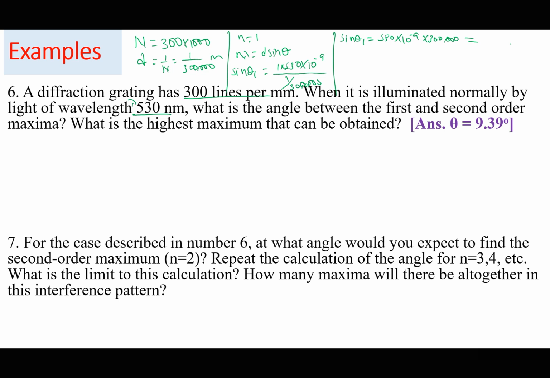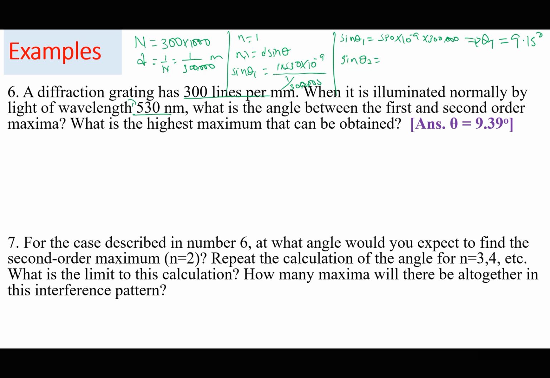I'll just press my calculator to find theta 1: 530 exponent minus 9 times 300,000, then I get the sine inverse. So theta 1 is 9.15 degrees.